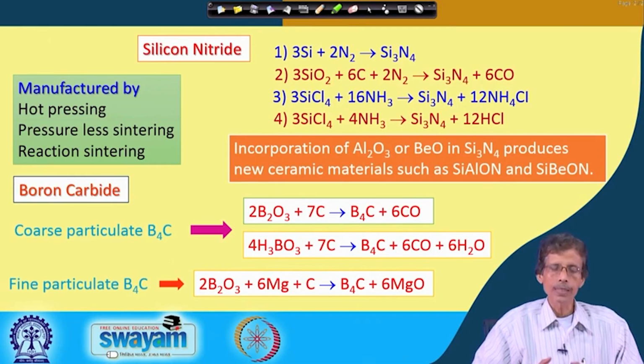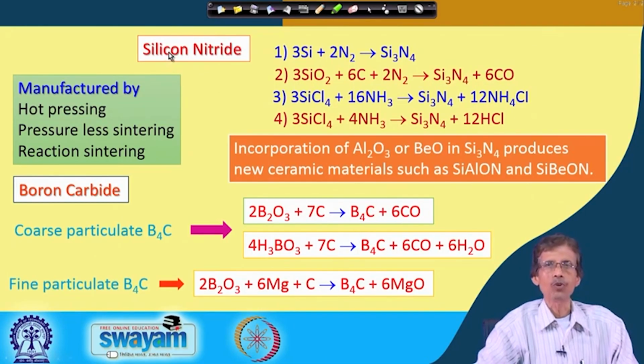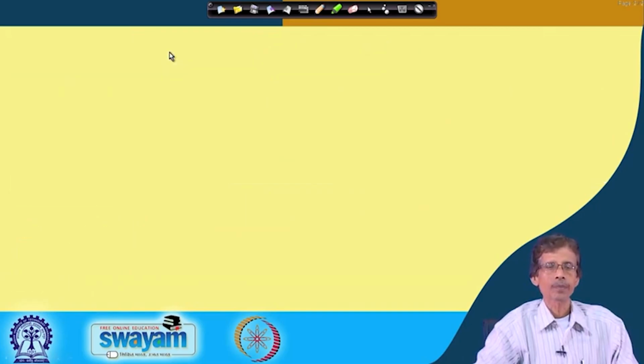Now, in the same process, if the reaction condition is changed, we get different varieties as the particle sizes. So, when magnesium oxide is present, that magnesium oxide should be removed from there, and we get a fine particulate nature of your B4C material.